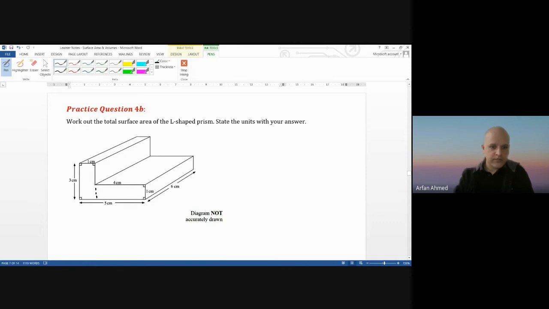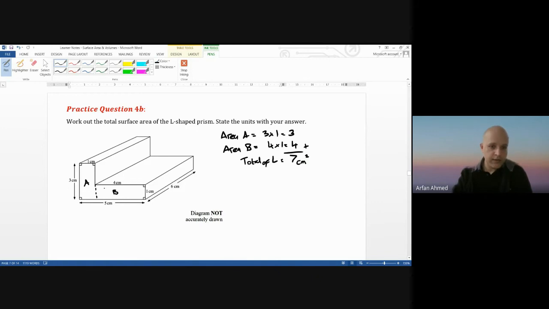Let's call this shape A. Let's call that shape B. That's going to be 3 times 1. And area B is going to be 4 times 1. So I could see straight away the total of the L shape is going to be 7. Add these two together. 7 centimeters squared. That's the L shape done.